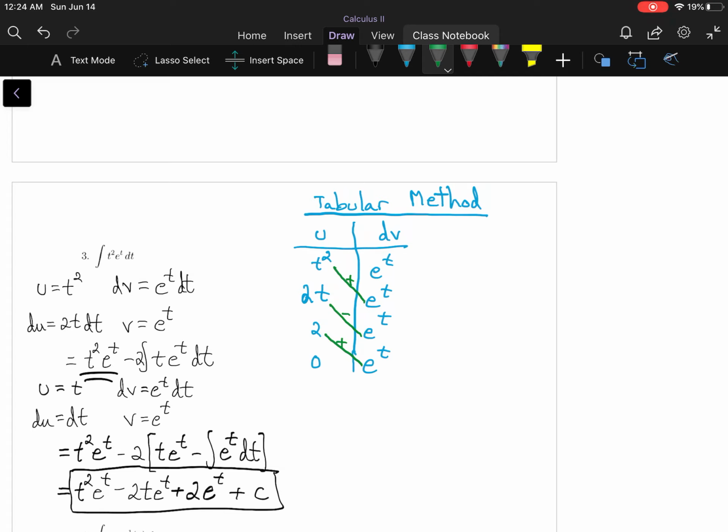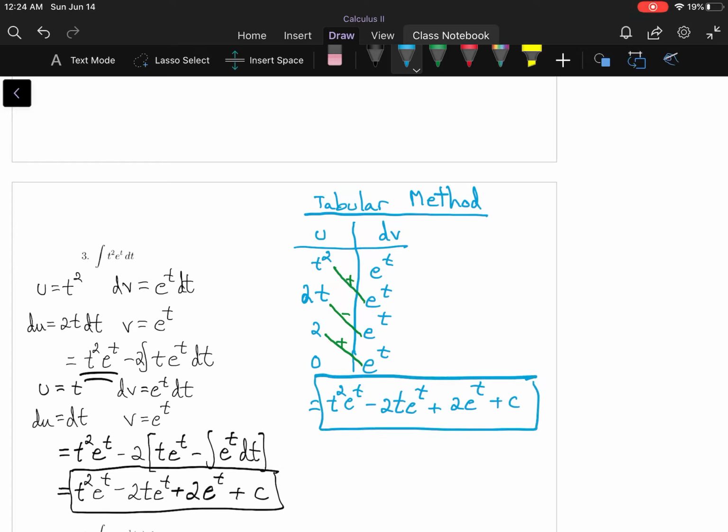And so this means that our answer is going to be t squared e to the t minus, this is the second product now, 2t e to the t plus, now I'm on my third product, which is 2e to the t. And because this was an indefinite integral without any values, I'm going to add a constant in there.